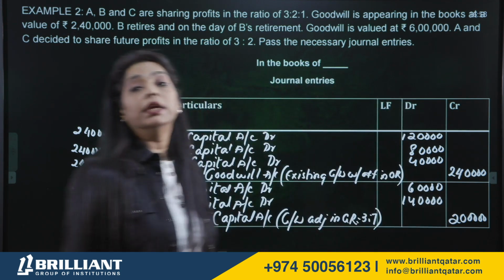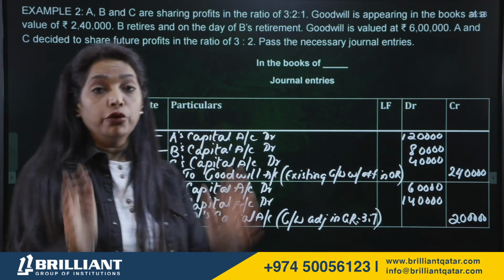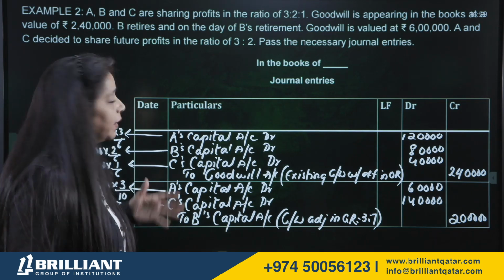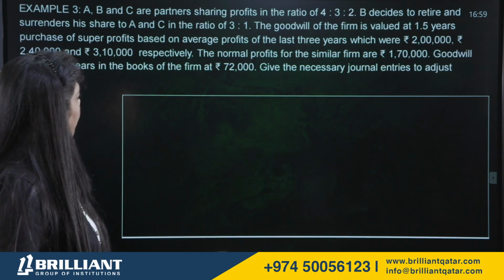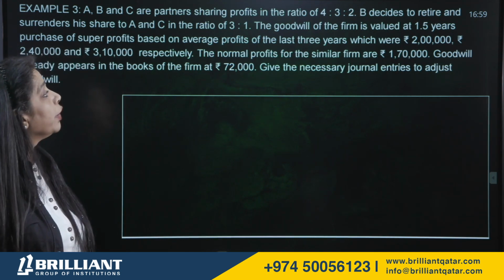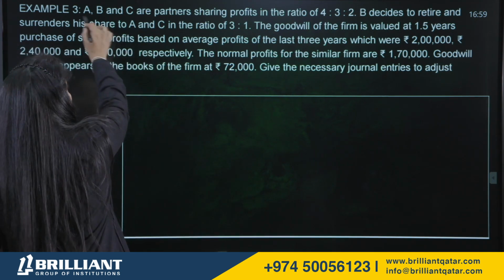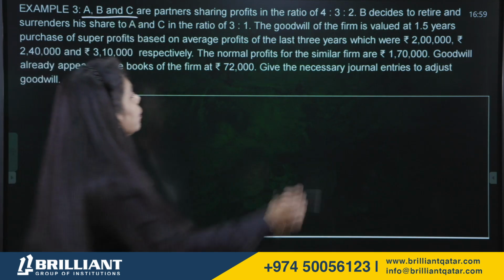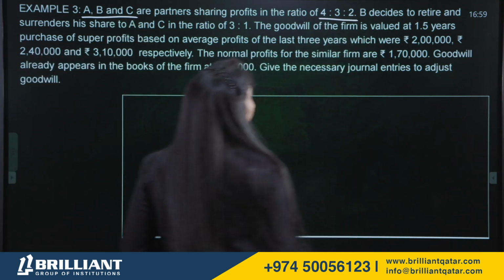I hope this particular concept is clear to you all, but even then we will do a few more problems. In this question, they're saying that A, B, C are partners sharing profits in the ratio of 4:3:2.